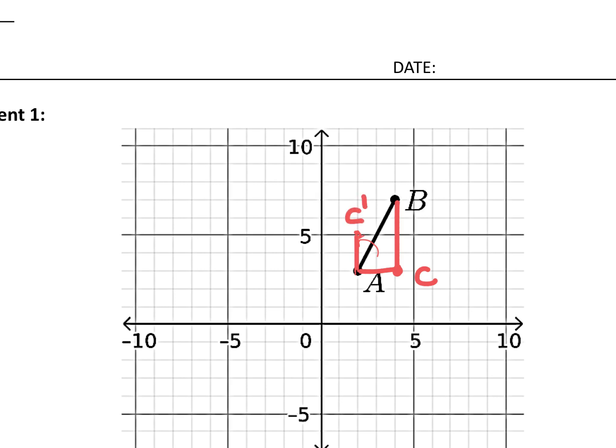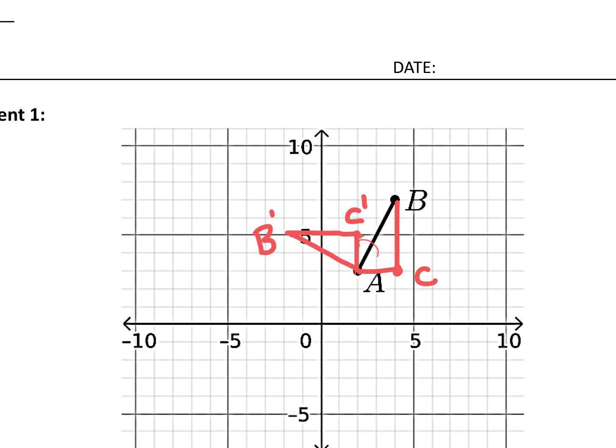Right there. Now if BC is 4 boxes long and vertical, in order for me to rotate it 90 degrees, I'm going to end up having it be 4 boxes long and horizontal. So B prime ends up being over there. Let's go ahead and connect it. This is our rotated right triangle.